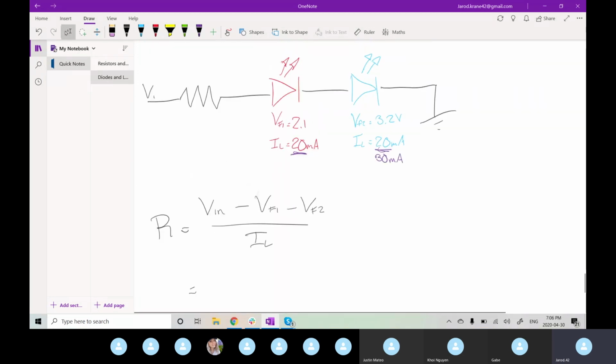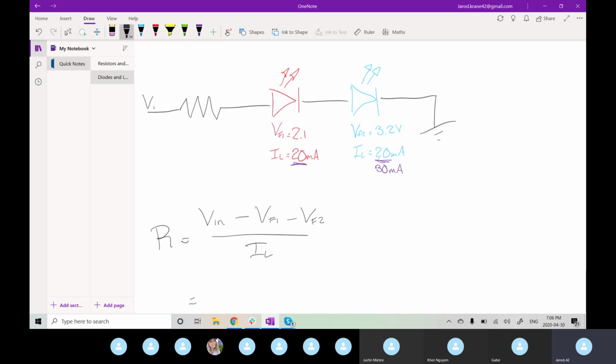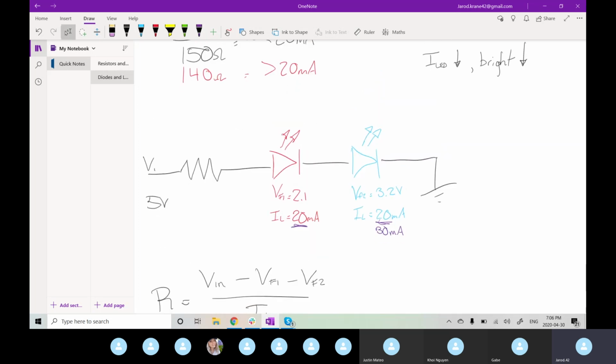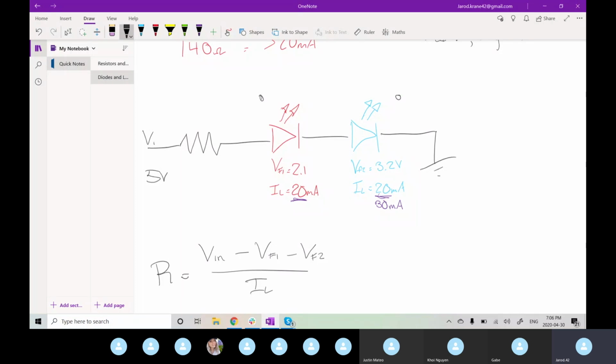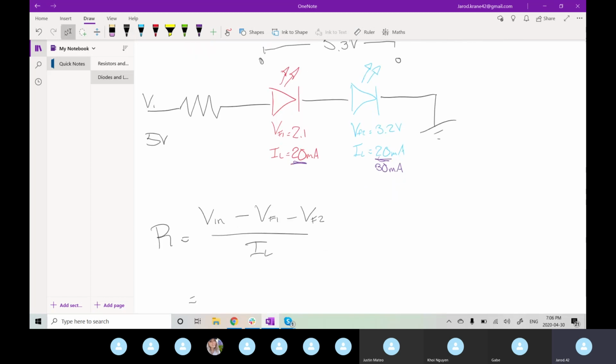So again, obviously now we can't just give it a 5 volt input because the combined voltage drop is greater than 5 volts now. The total voltage drop across the LEDs is now, what is it, 5.3 volts. So we have to be able to supply something greater than 5.3 to be able to actually run the two LEDs.